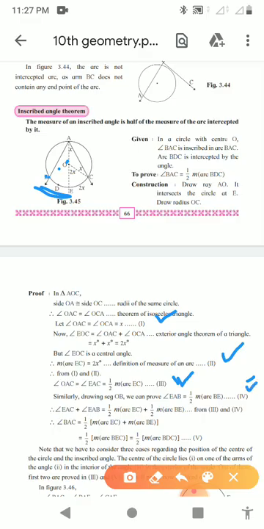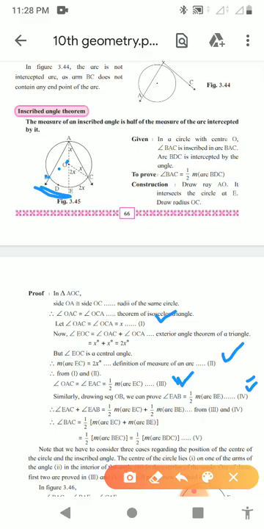Okay, now we will add these two angles, angle EAC plus angle EAB. I am adding the corresponding right hand sides, which is equal to half of the measurement of arc EC plus half of the measurement of arc BE, isn't it? So we just put the values there.